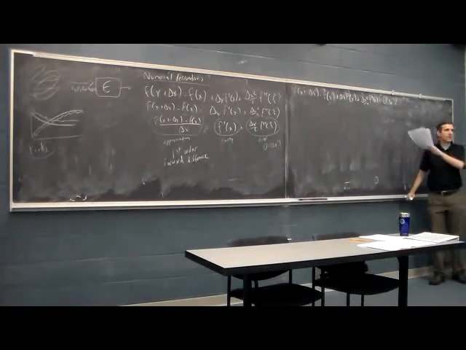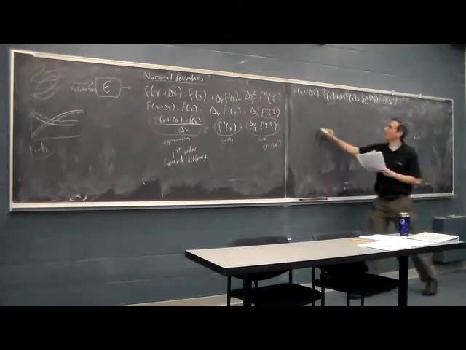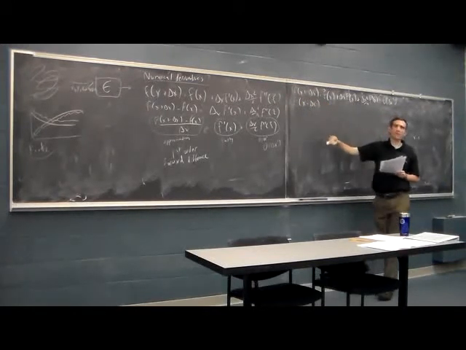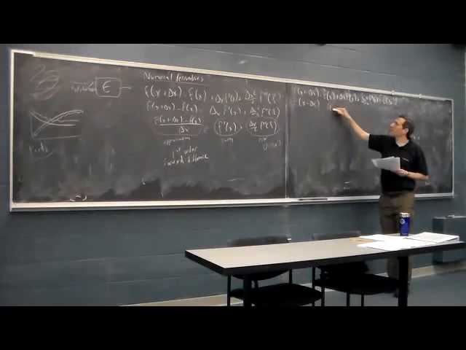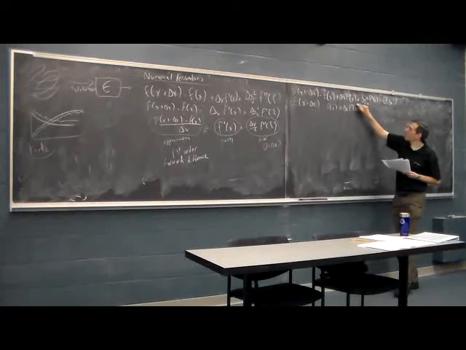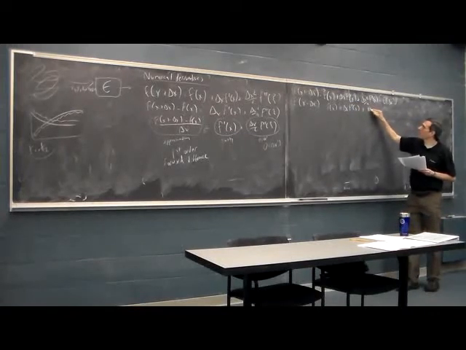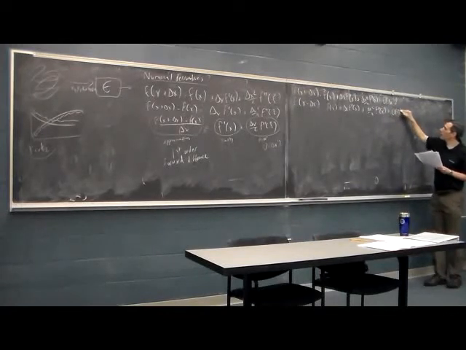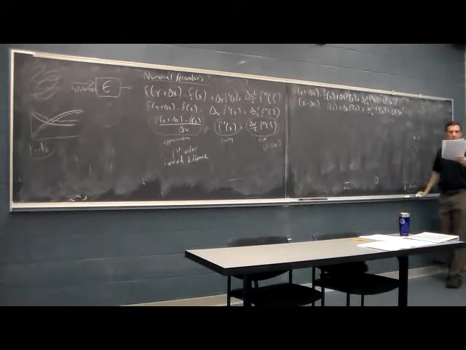I'm just needing this to say it's something proportional to delta x cubed. And likewise, we could take an approximation f of x minus delta x and say that that's f of x minus delta x f prime of x plus delta x squared over 2 f double prime of x plus another order delta x cubed term.